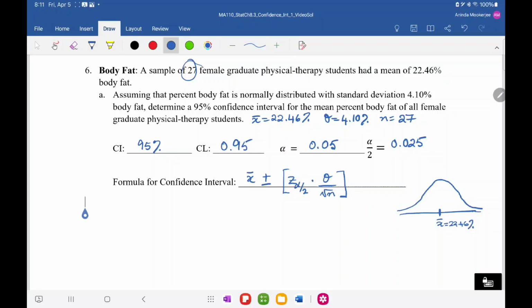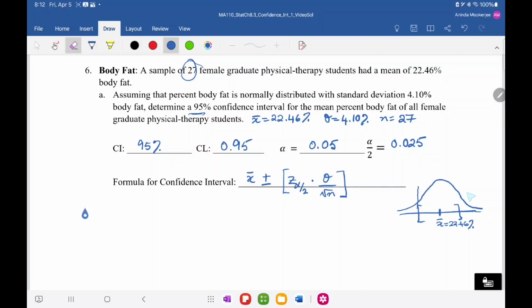Now we will have to come up with our 95% confidence interval. But in the diagram, I'm going to just extend the end points of the interval on both sides.